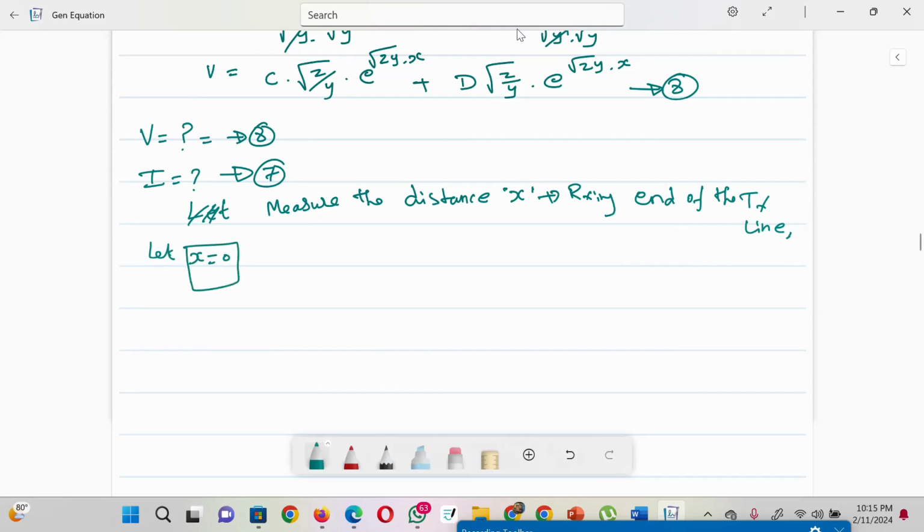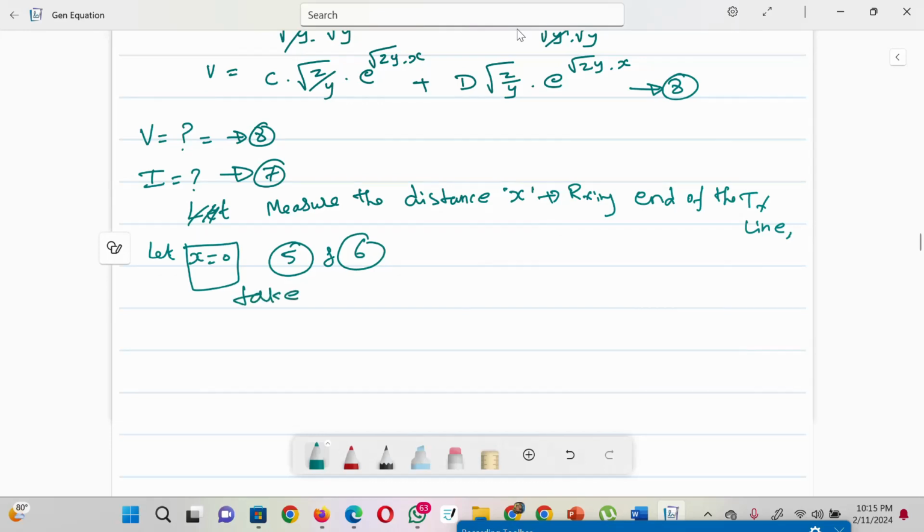We need to take x equal to 0. Already we have two linear equations, yes or no? Already we have two linear equations, equation number 5 and 6.